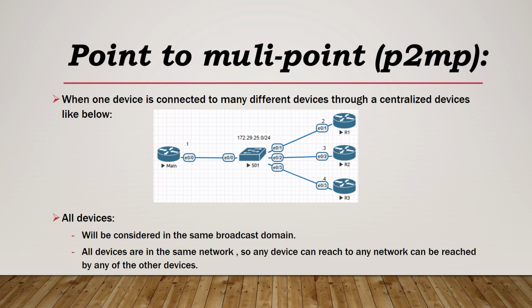R2 can reach main, R1 and R3. R3 can reach main, R1 and R2. So all of these devices can reach each other at the same time. All devices here are considered to be in the same broadcast domain. All devices are in the same network, so any network can be reached by any of the other devices.